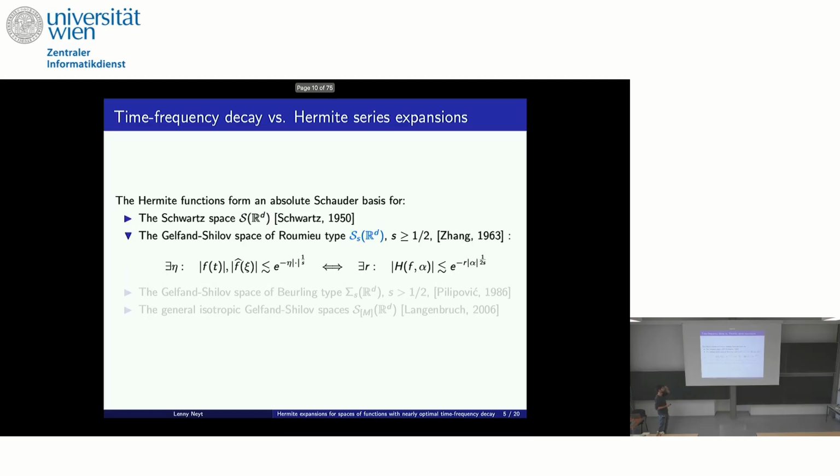It was already in 1963 that Zhang also noticed that if you have this very fast uniform isotropic time frequency decay with some parameter 1 over s, where s should be at least 1.5, then this can also be detected using the Hermite coefficients again.